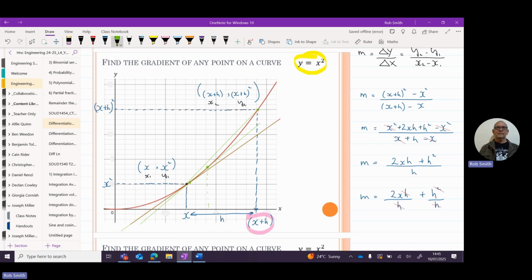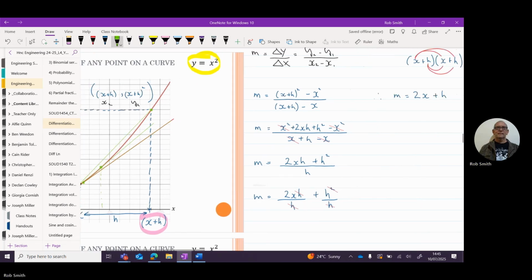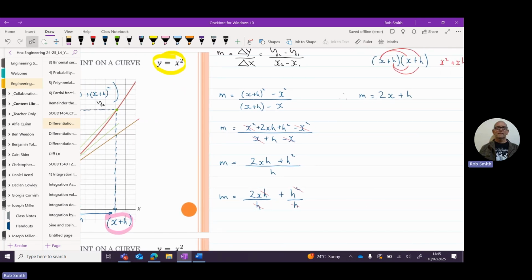So I can go back and look at my formula now. What we've seen is that if h approaches 0, gets very, very close to that black dot, so small that you can't even measure it, then the gradient is going to equal 2x.